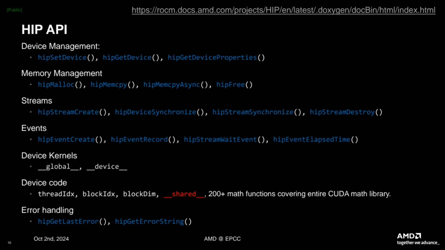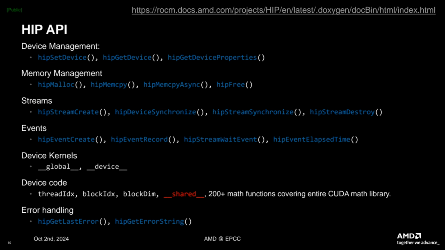So these are some of the API calls that we're going to be discussing in this presentation. For your reference, at the top, there is a link that contains a lot more than the ones that are just displayed here.